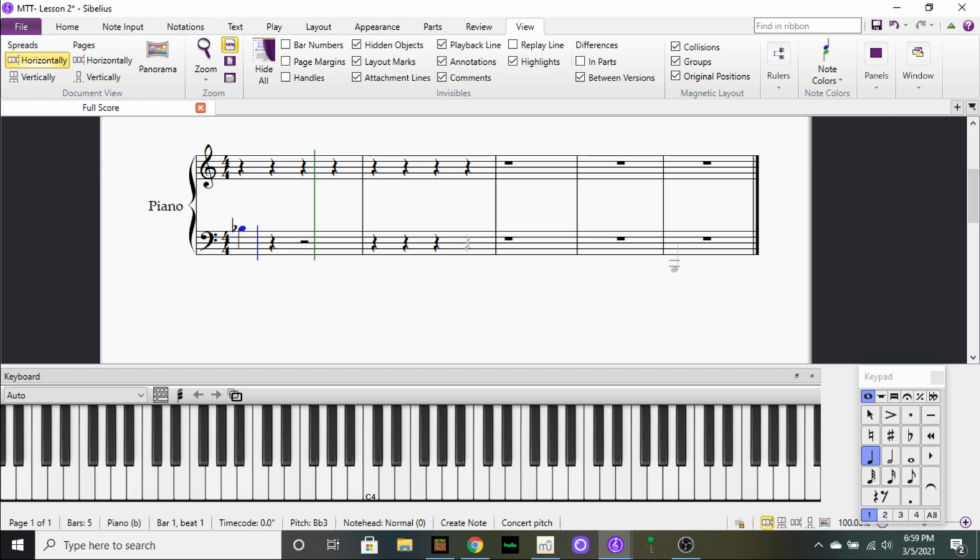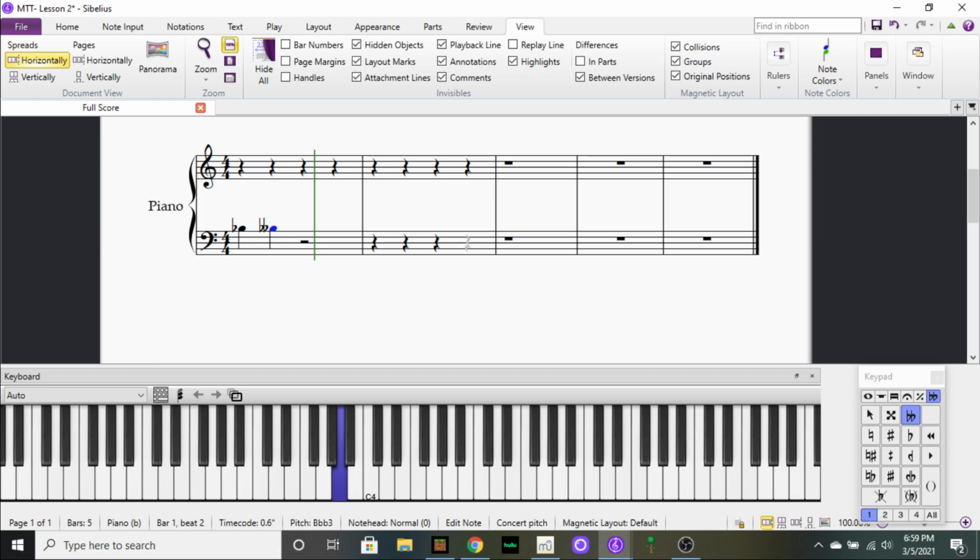Okay, so here's B flat. And this is B double flat. You can tell, of course, because of the two flats instead of the one flat. Now they sound different. The enharmonic to B double flat is A natural.